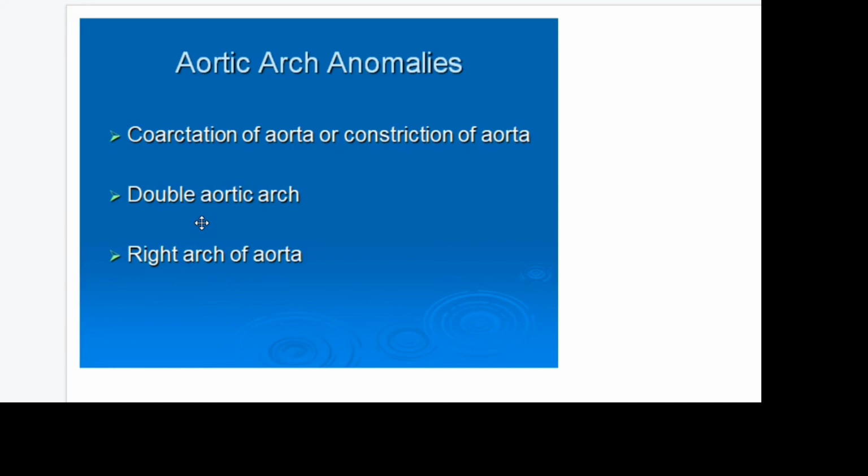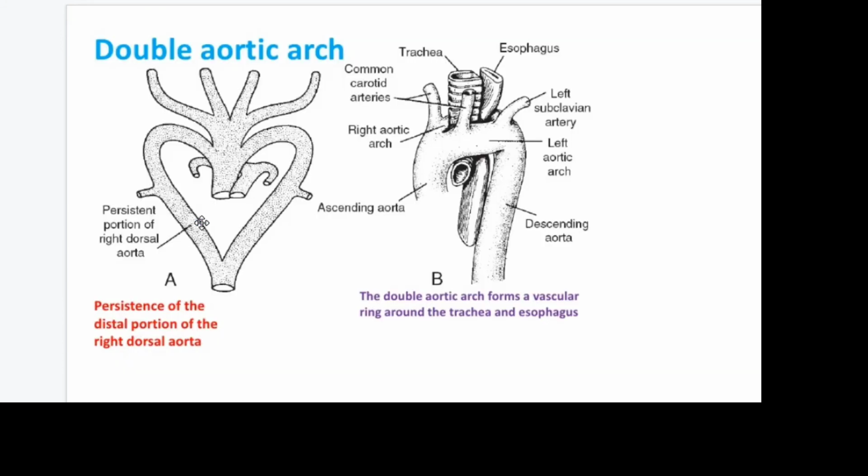The double aortic arch usually forms because the fourth aortic arch on the left side gives rise to the arch of aorta, and on the right side it gives rise to the subclavian, and the seventh intersegmental artery. There is persistence of the right dorsal aorta; the distal portion of the right dorsal aorta usually gets obliterated.